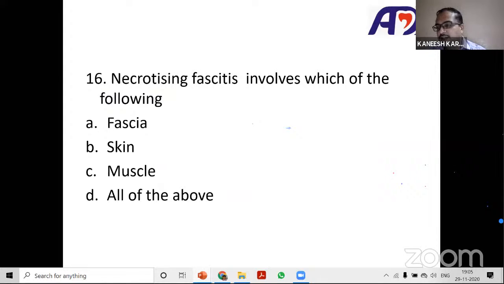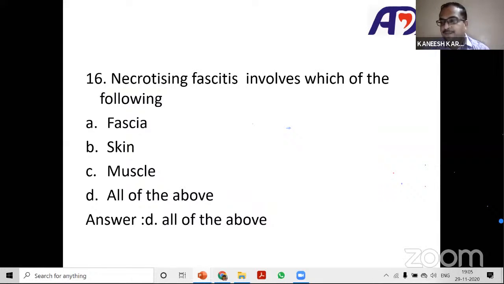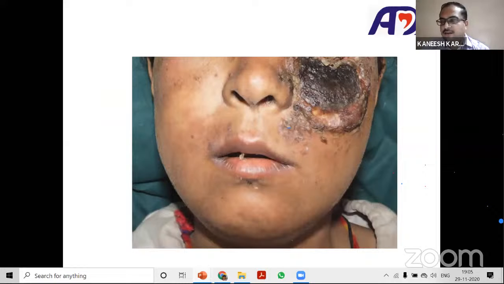What is necrotizing fasciitis? It involves all of the above: skin, fascia, muscle, everything. See here, it is necrotizing fasciitis. It hardly responds to any of the antibiotics. It is very difficult to save the patient if the patient has necrotizing fasciitis.